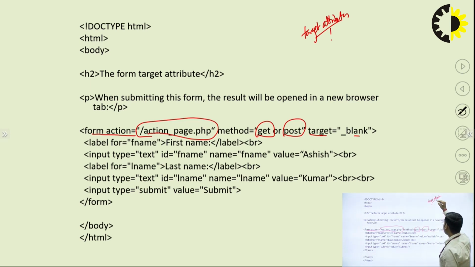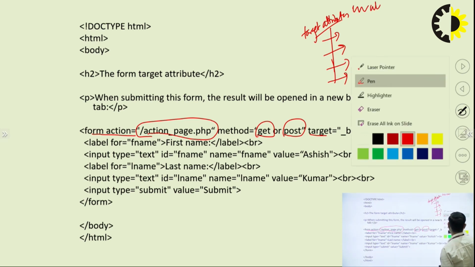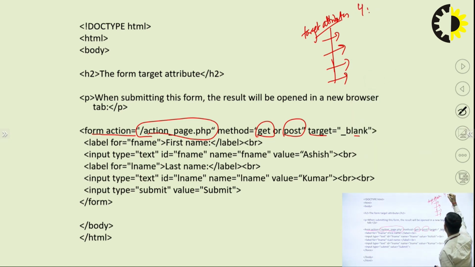If I'm talking about the target attribute values, there are 4 values specified in the target attribute.